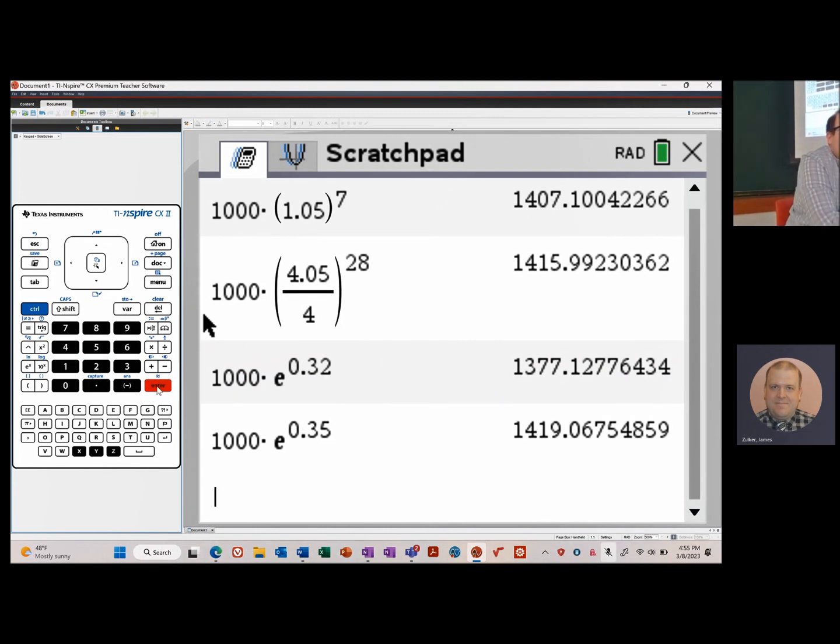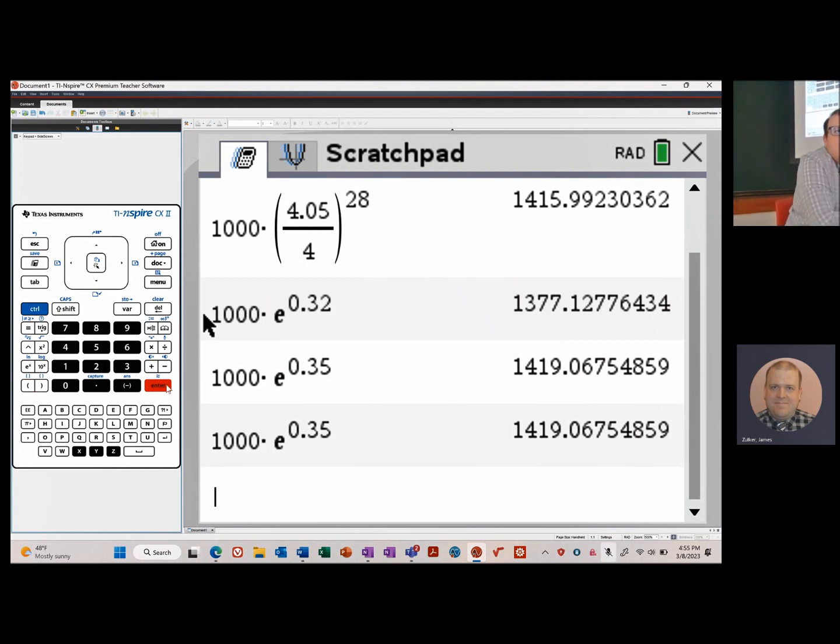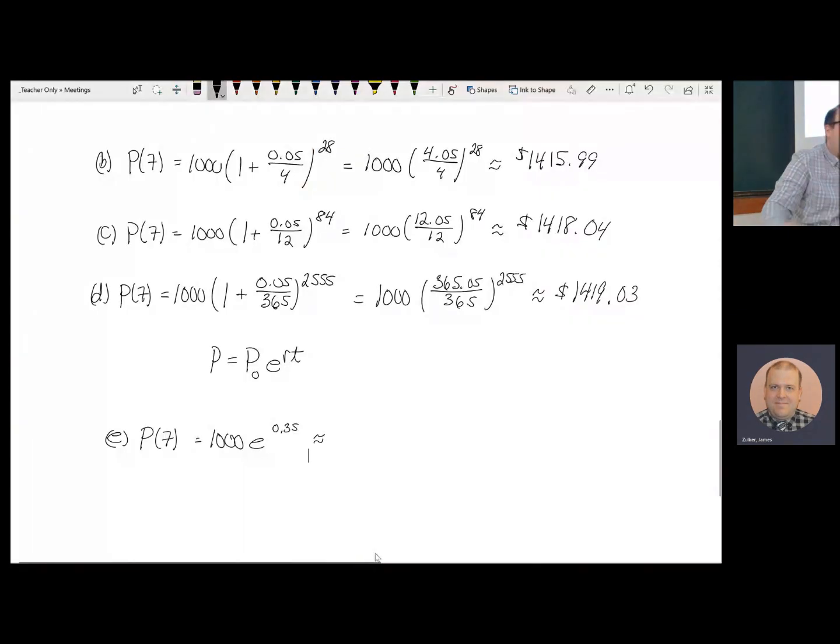Or if you're using the calculator I recommend, you can also just type in EXP, parentheses, and then the power. EXP is the command for the exponential function base E. And we get 14.19 and 7 cents.